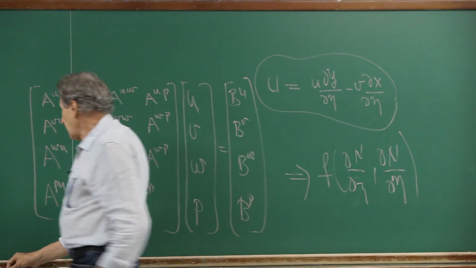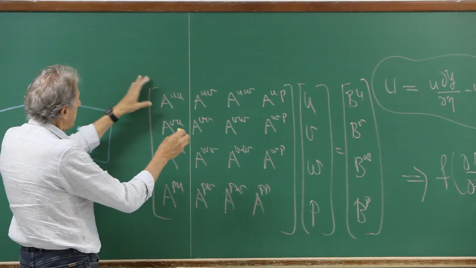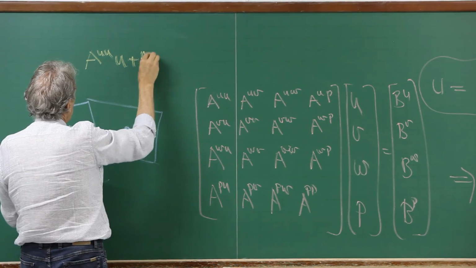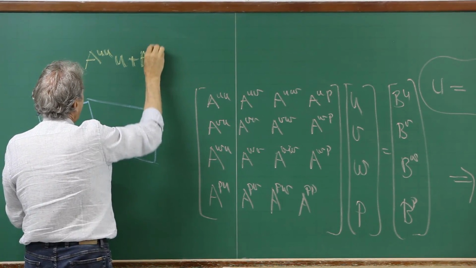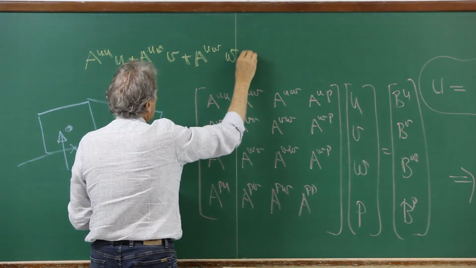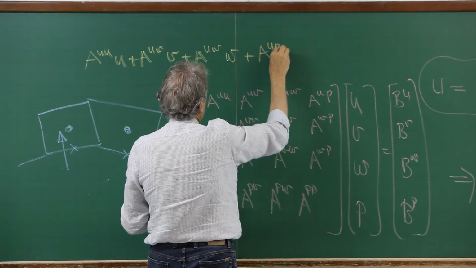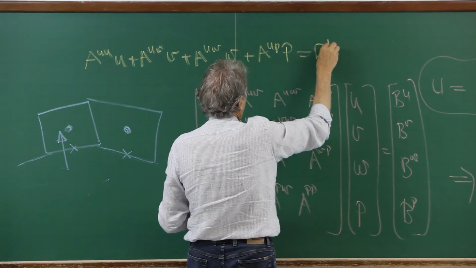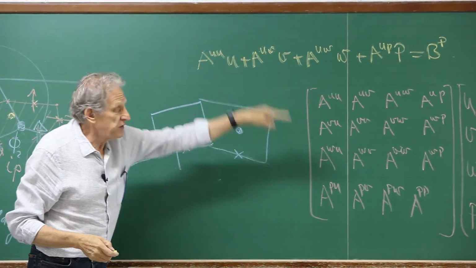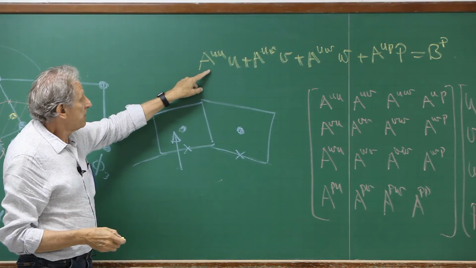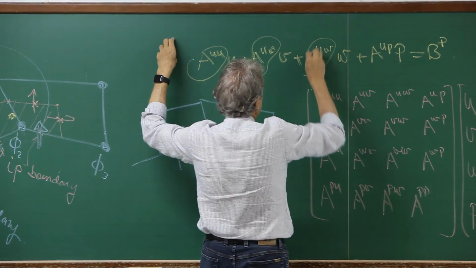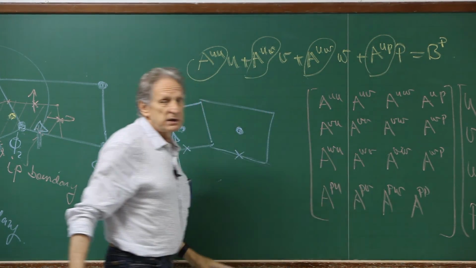And we could write the first equation. In order to have this equation with non-zero here, non-zero here, non-zero here, and non-zero here, what does that mean?